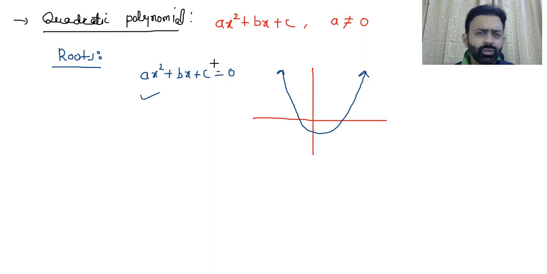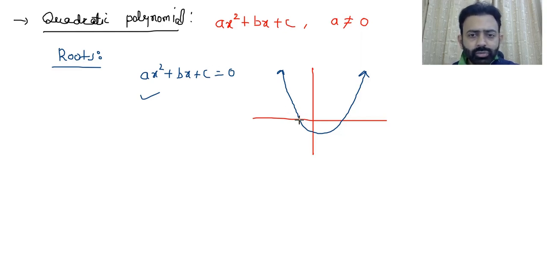Remember how to solve simultaneous linear equations graphically: you find the point of intersection. This time we have a quadratic curve and a straight line. We are finding the intersection of the parabola with the x-axis, and the equation of the x-axis is y equal to 0. So graphically we are finding the intersection between y equal to 0 and the quadratic curve.